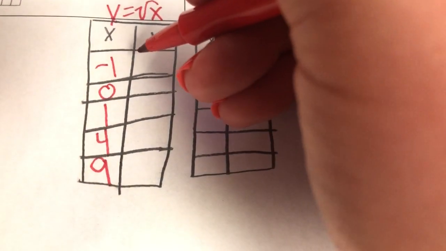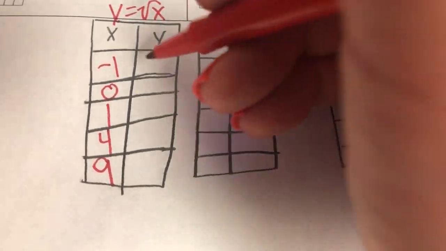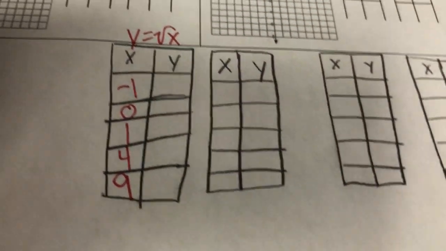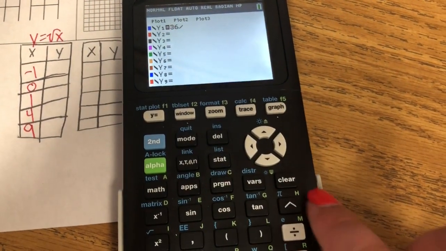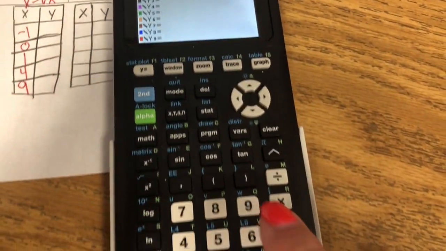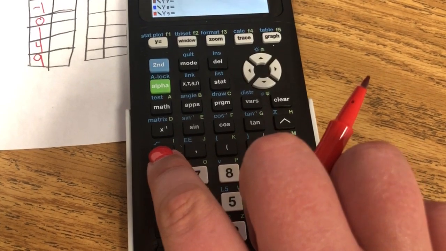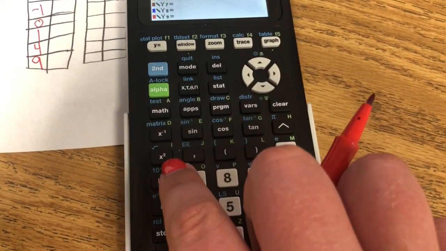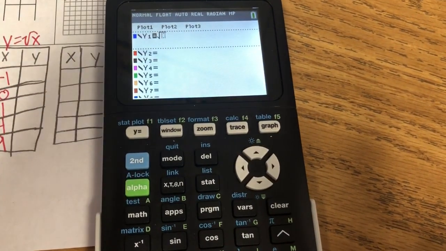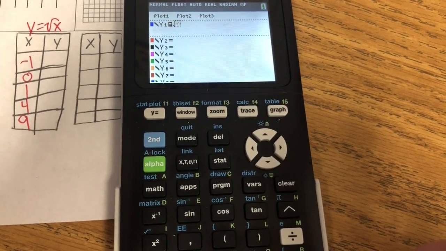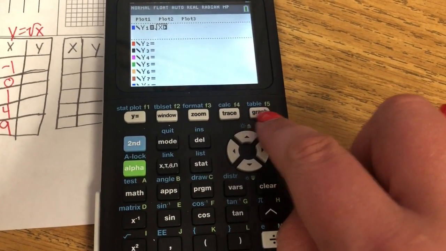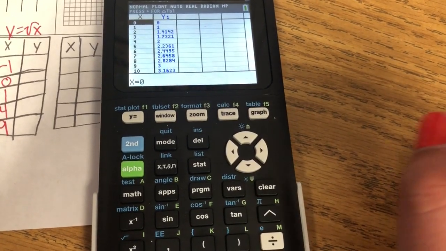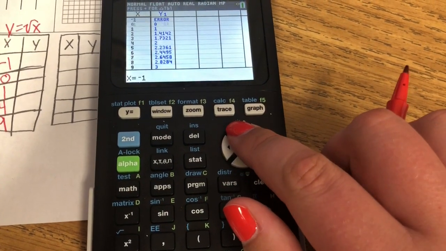My y values for this, you can put it in your calculator and find them, and we can do that. Go to y equals, erase what's there. The square root is right there, so you're going to have to hit second x squared to get that square root symbol. We're going to hit x, we're going to do second graph to get to that table, and there are your points.